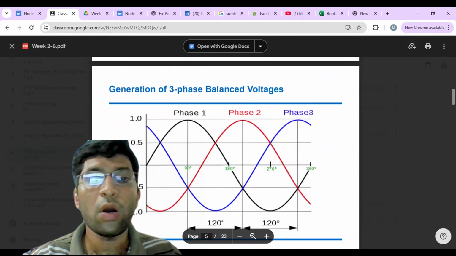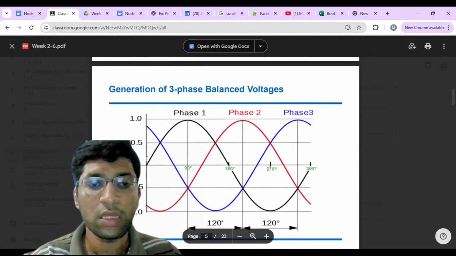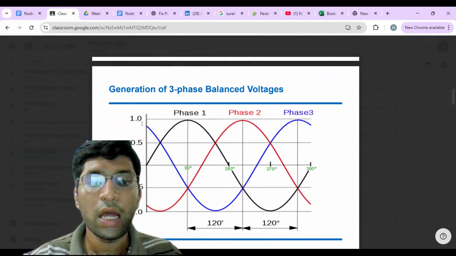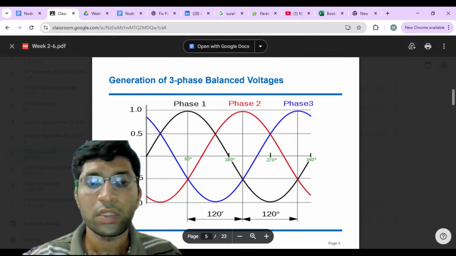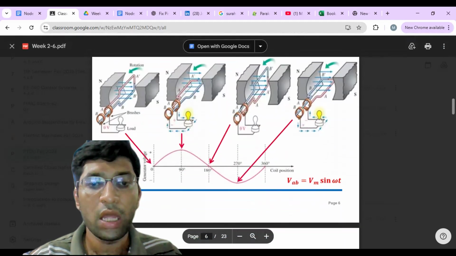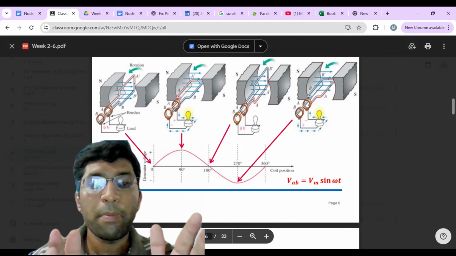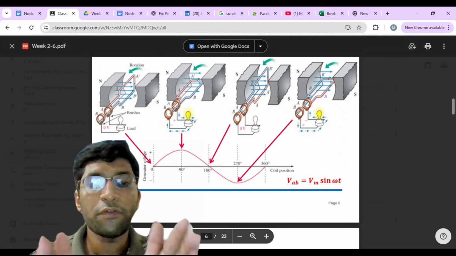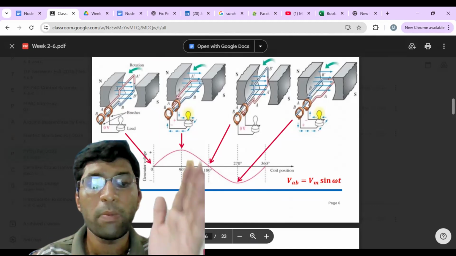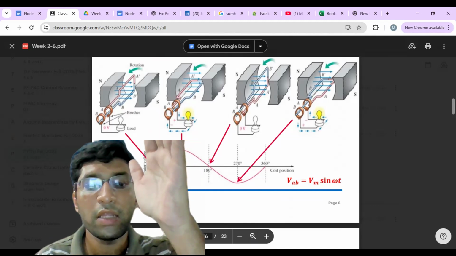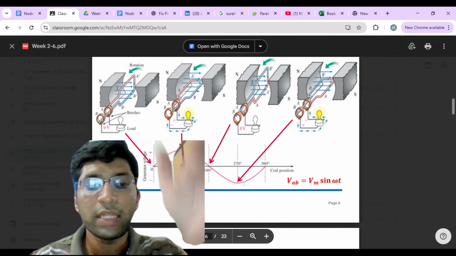The generation of three-phase balanced voltages can be seen at 0 degree, 180 degree, and then minus 180 degree. So this is how the generation is happening. Now, the concept of torque is quite essential. In a magnetic field, there's a conductor. You shift it by 0 degree, then 90, then 180, then 270, and then 360.